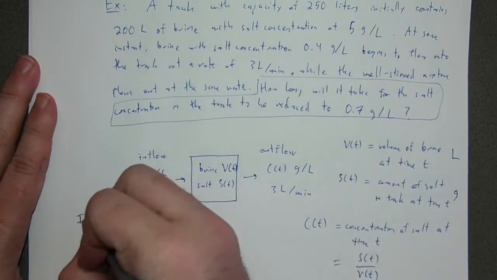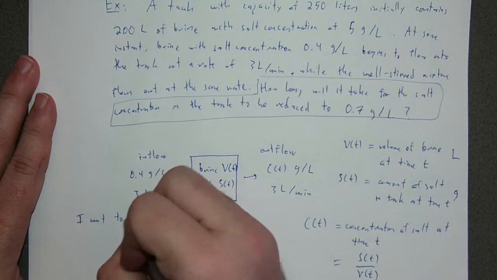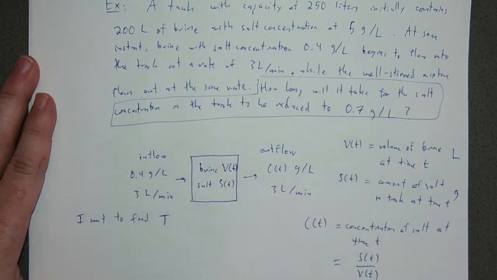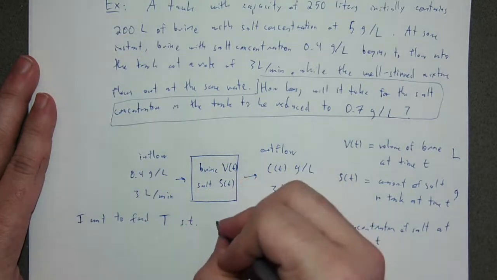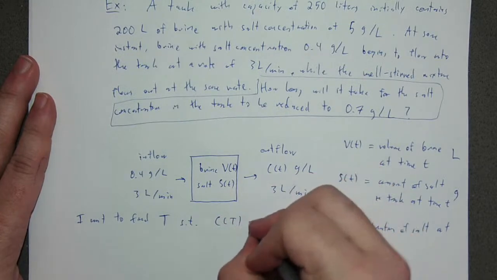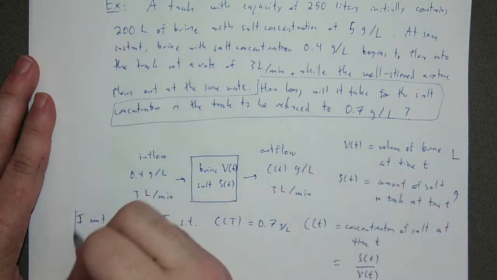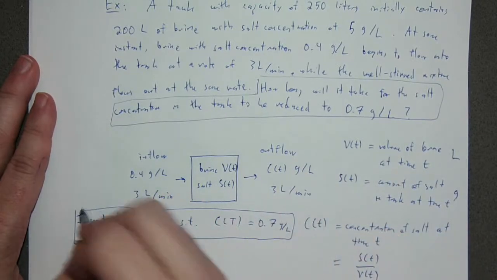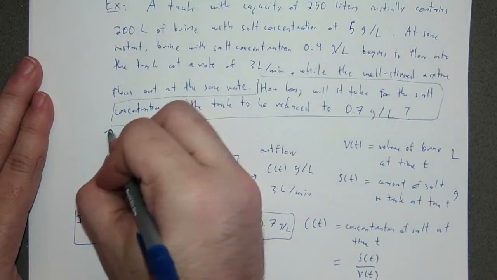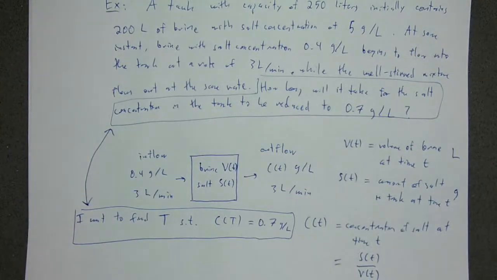I want to find t such that C of t is equal to 0.7 grams per liter.